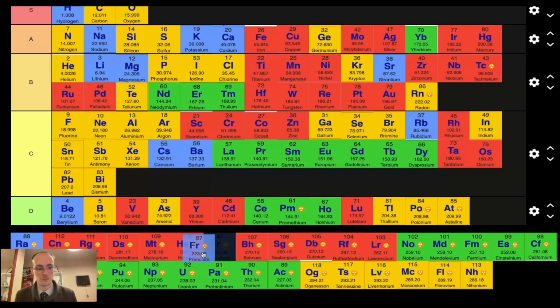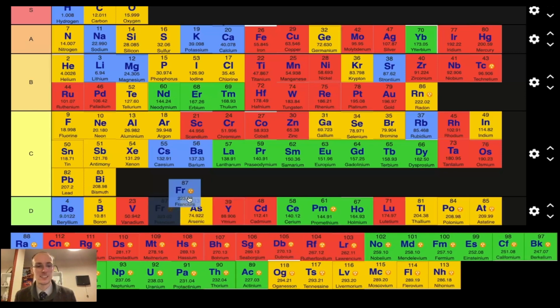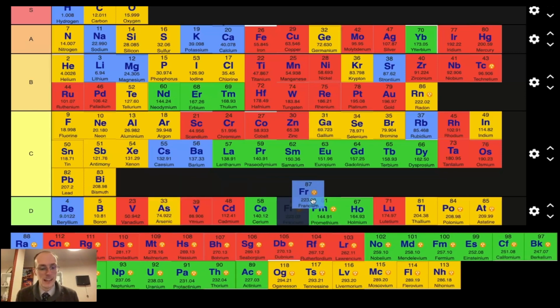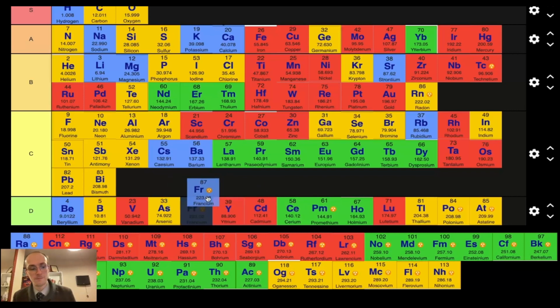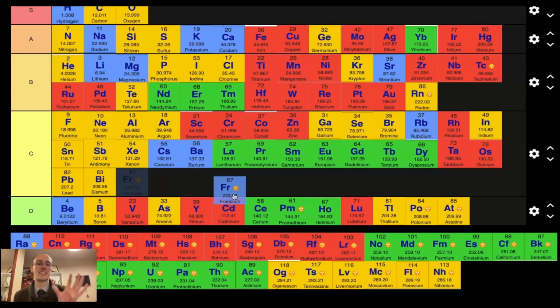It's only really used for research purposes because it's fairly unstable and is quite rare. Only 28 grams of francium is estimated to exist in the Earth's crust at any one time as it decays and becomes the next element along in its decay chain. So for that reason it can go in the C section.